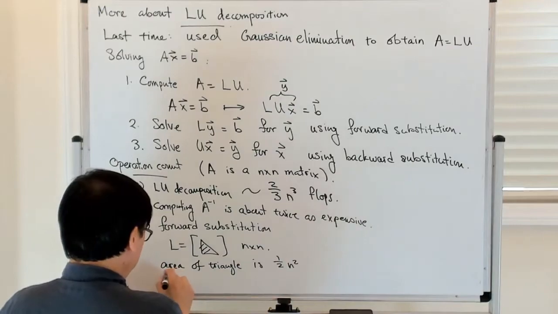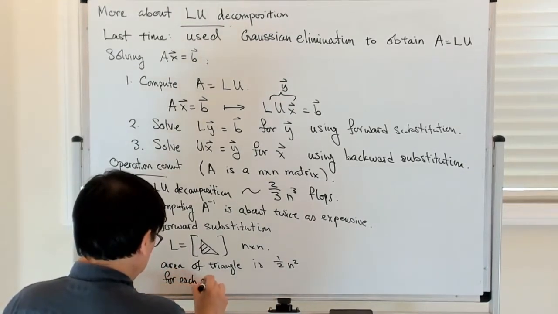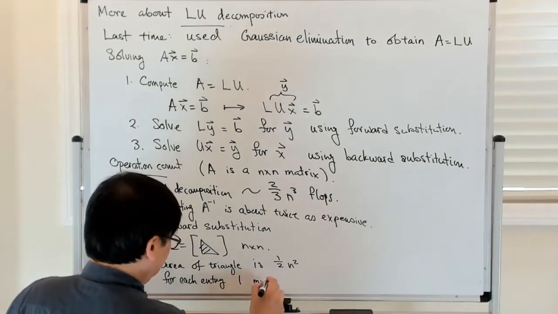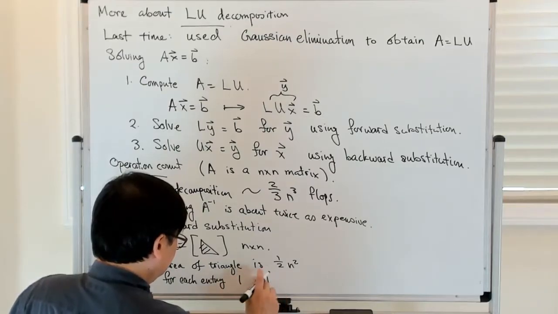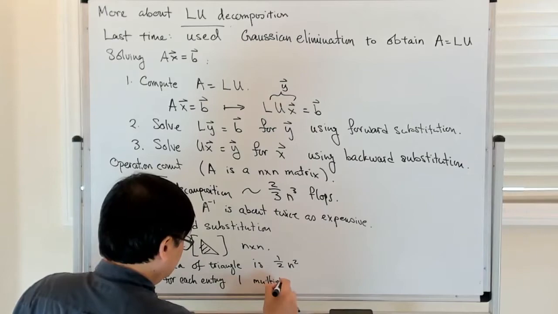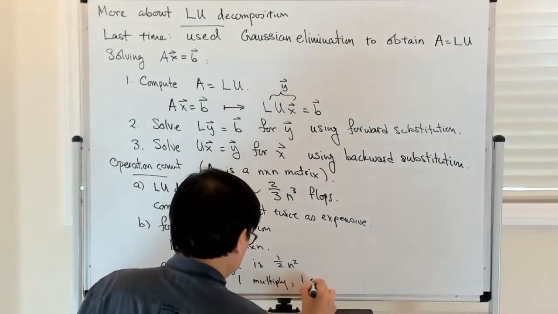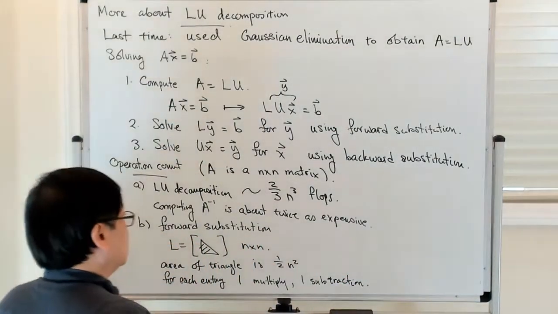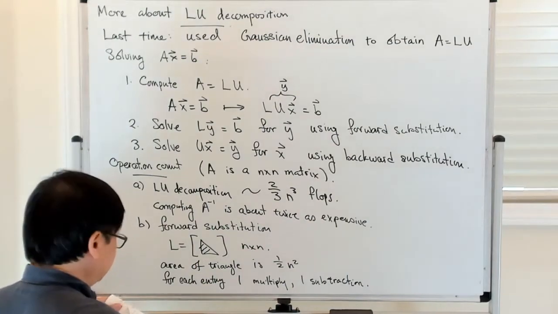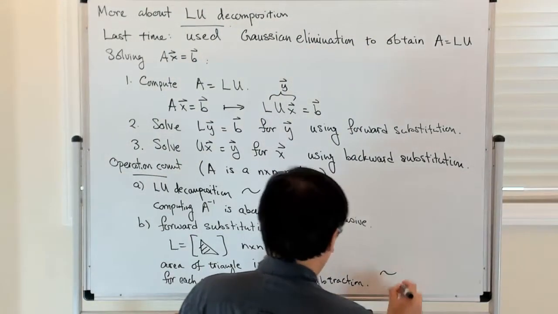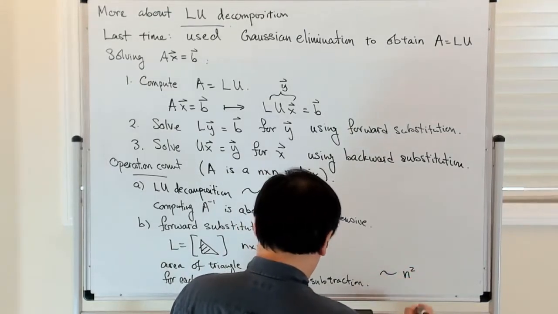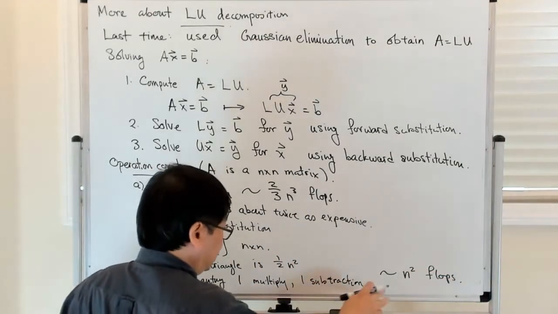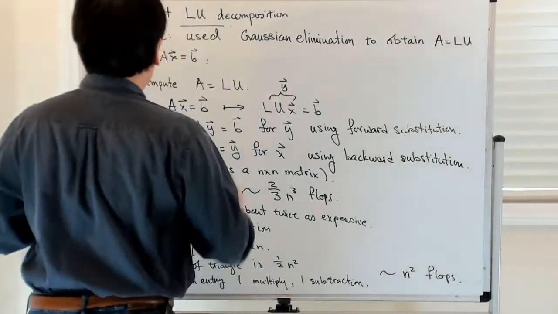And then for each entry, we need 1 multiply and 1 subtraction. So roughly, we need approximately n squared operations. And the same thing for backward substitution, that's also n squared roughly.